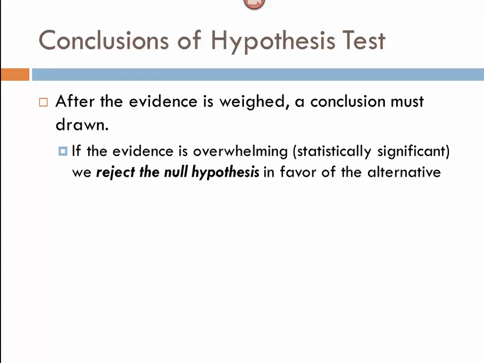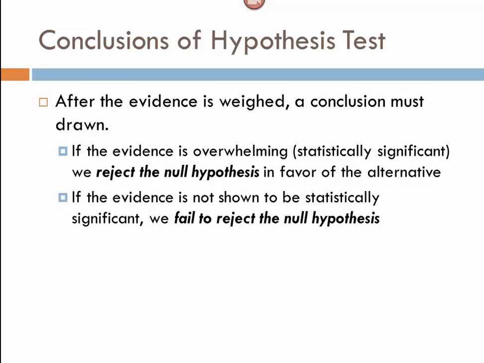If the evidence is overwhelming, we say it's statistically significant. We reject the null hypothesis. Remember that the null hypothesis we assumed to be correct. So in rejecting it, we are saying that it is guilty or it is not correct, and we're going with the alternative in that case.